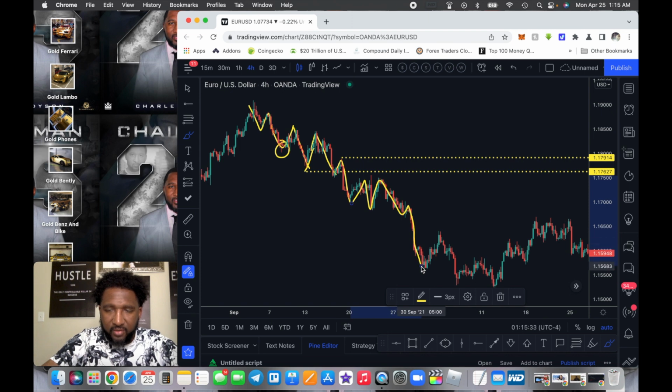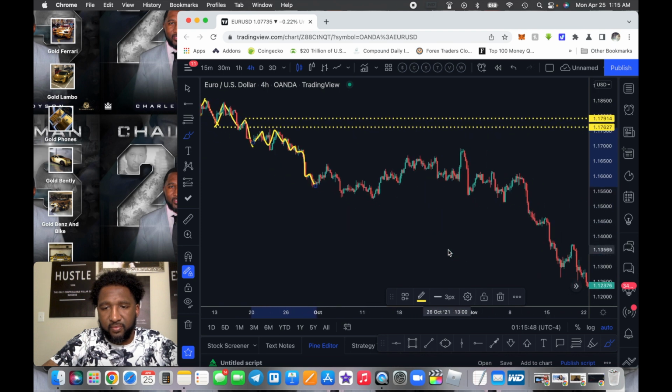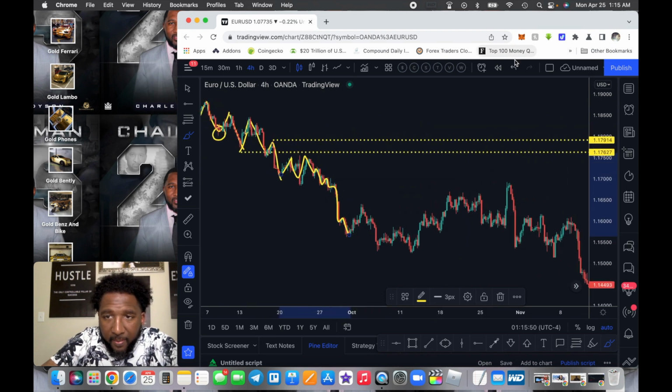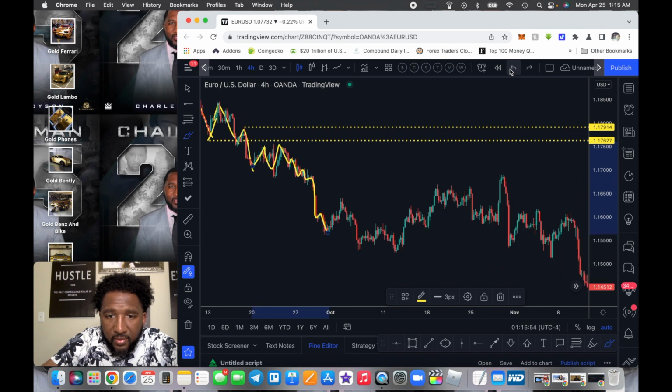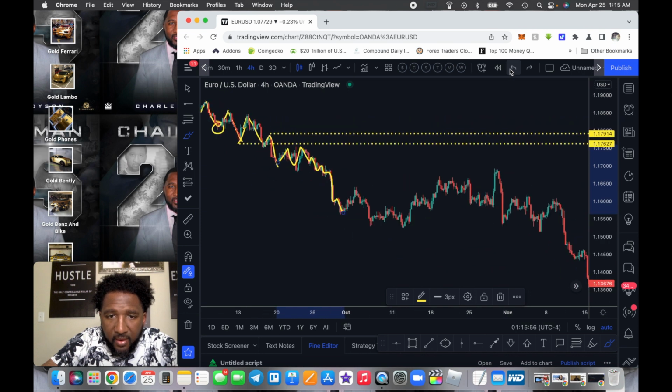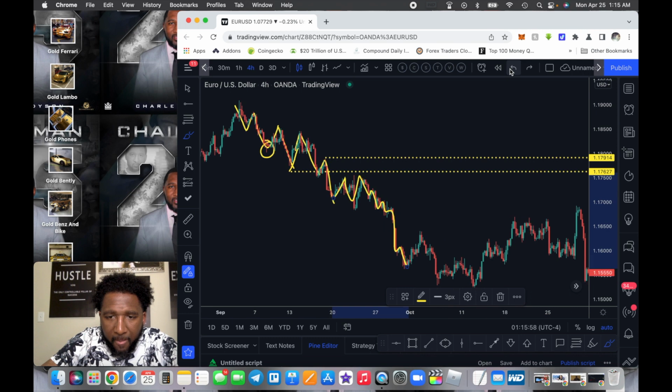Continues its downtrend. Excuse me. Boom, boom, boom. All of these retracements here. Retracement here. Boom. Okay. And then what do we got? Let's see. Clean this up. What do we got after that?